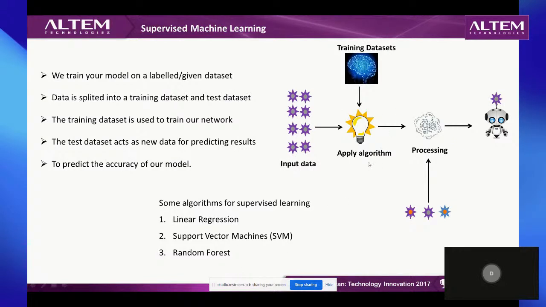Then process your data, and it will try to predict your results and identify the accuracy of your model. High accuracy of the model is the most important and appreciated goal when you are developing any models using supervised machine learning. So this is how supervised machine learning works.